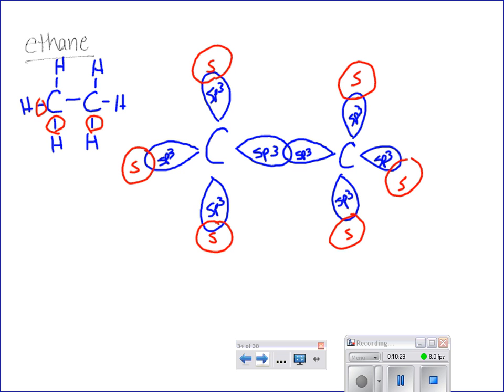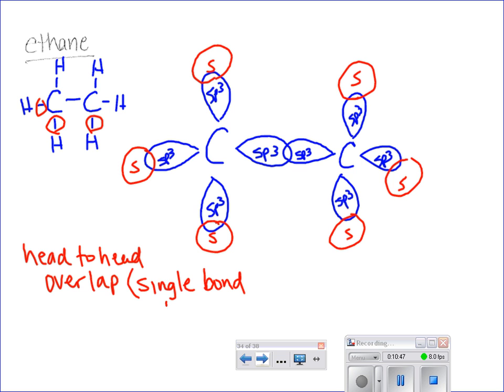Now let's talk about the bonding. Anytime you have a head-to-head overlap, known in the Lewis dot structure as just a single bond. Anytime you have a single bond in a Lewis dot, which is what all of these are, right? Aren't those all single bonds in our Lewis dot structure?